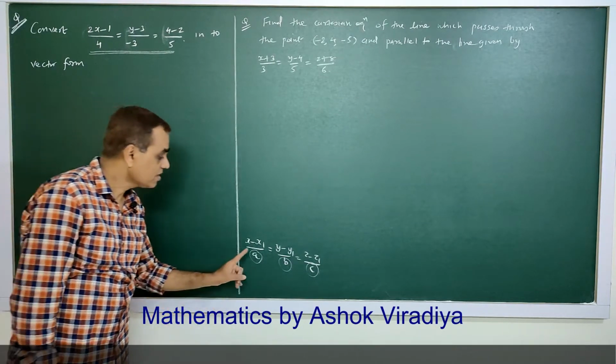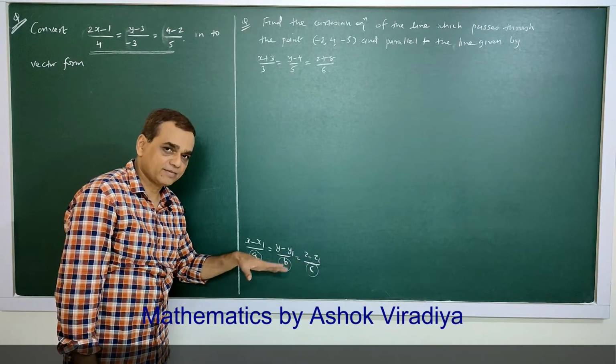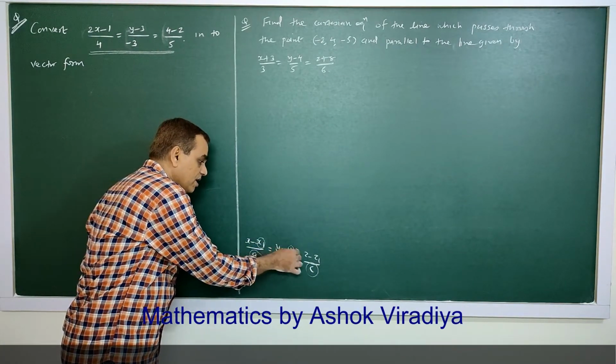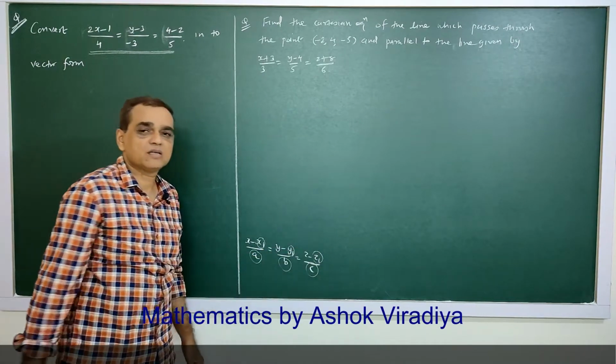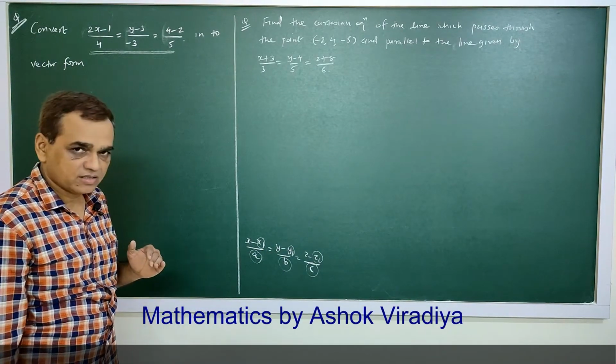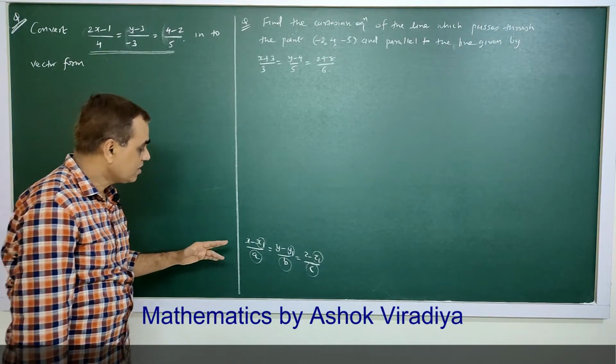That means scalar components of a parallel vector. And here these three numbers are giving the position vector of a particular point. So the equation must be in this form.